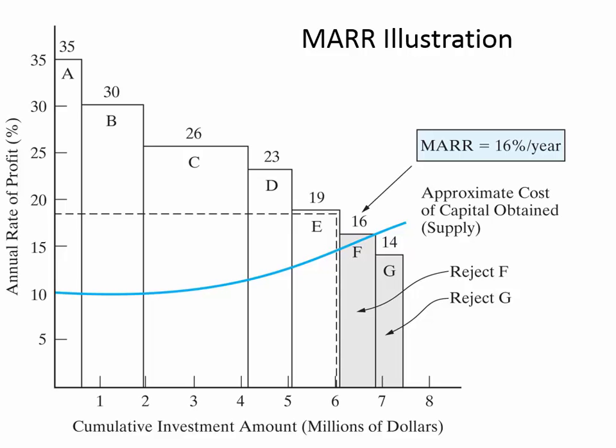If you can only do one project, it's better to have $2 million earning 26% return than to have $600,000 earning 35% return. So that's a true observation. In our case, we're going to borrow as much money as we can as long as we have something good to do with it, as long as we can put the money to work at greater than the MARR.